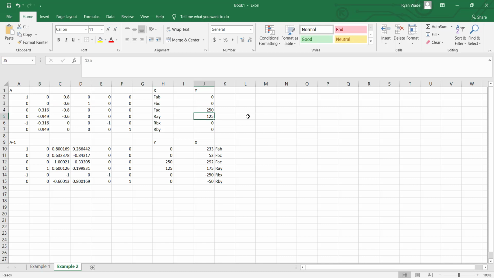That's how I would do that. I can get rid of that, and it changes everything in the matrices. So all I've done now is change equation 5 to a 250 kilonewton force going to the left. So therefore my forces are in line.